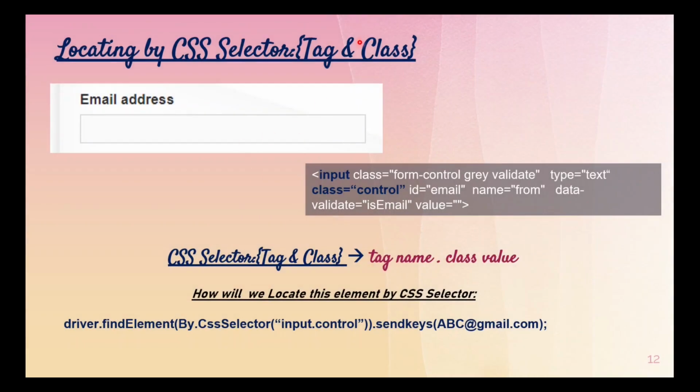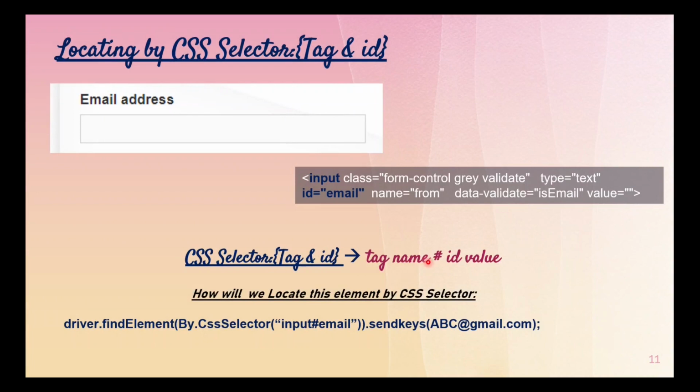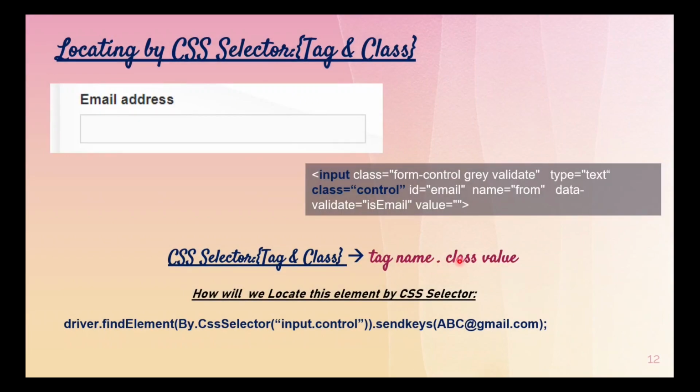Now let's see for tag and class. Okay, so here we have the text box, email address, and we have the syntax over here. So how are we going to write for tag and class? For class we use the dot operator. Here you can see we use a dot, right? So similarly, before we were using hash for ID, here we are using the dot for class.